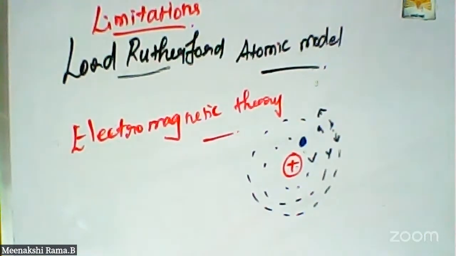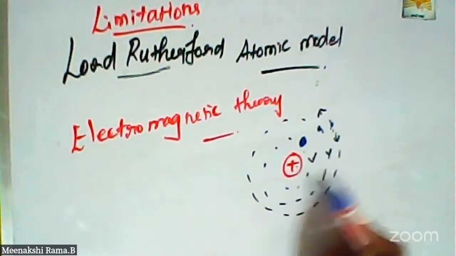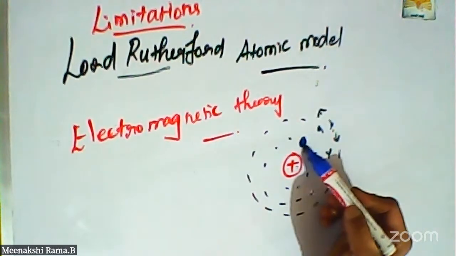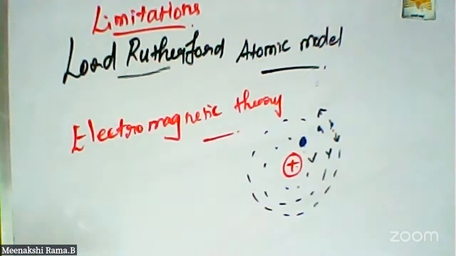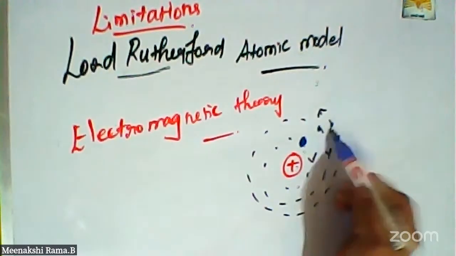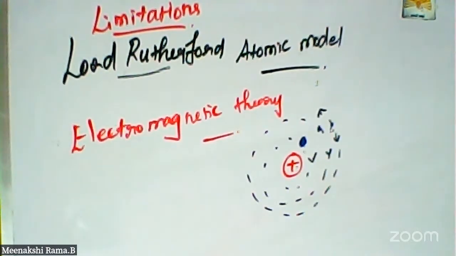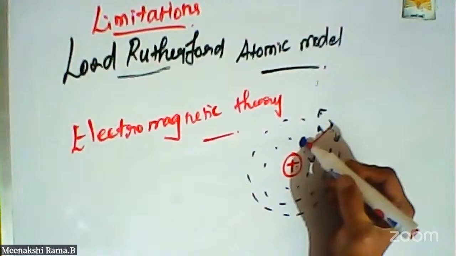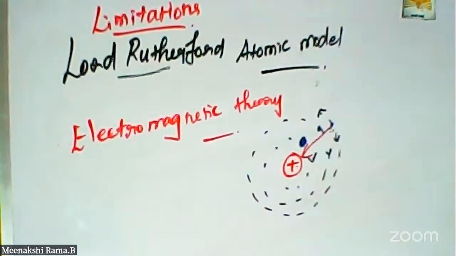Because of loss of energy, as the electrons continuously revolve, definitely the energy will be lost due to the rotations. So the path of the electron reduces, and finally the electron falls into the nucleus, nearer to the nucleus.